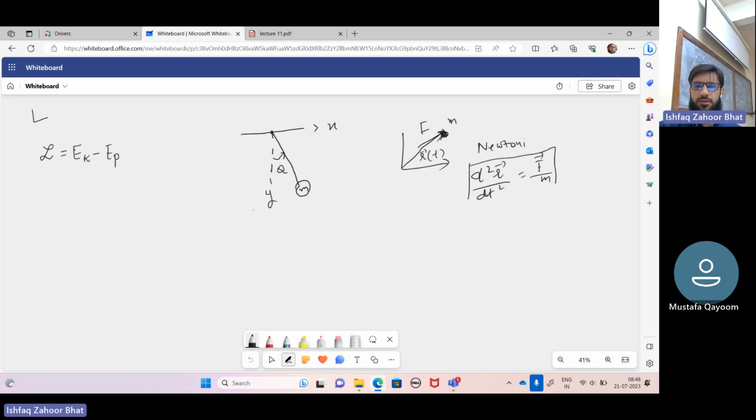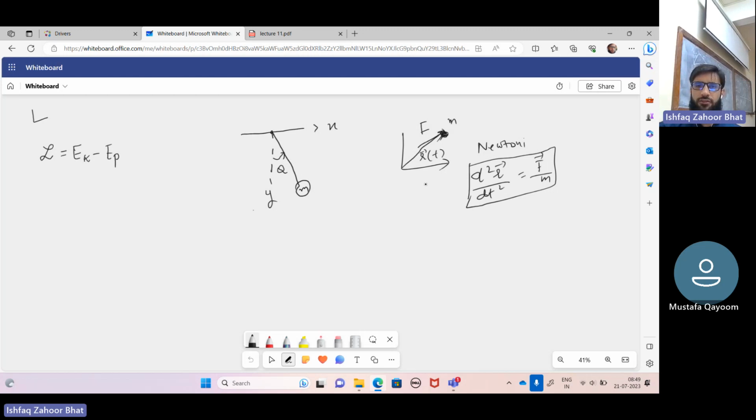This is the differential equation which governs the trajectory for this mass. If we follow Newton's second law, we can get this trajectory.